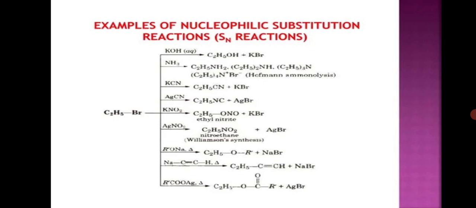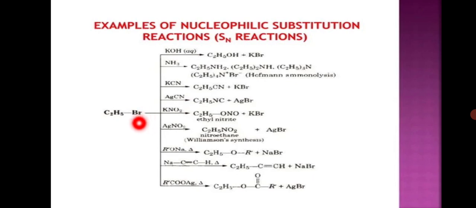In this slide, all the chemical reactions of the haloalkanes or SN reactions are given in one slide. Taking ethyl bromide as an example, if you take aqueous potassium hydroxide, it is going to give you OH minus as a nucleophile.